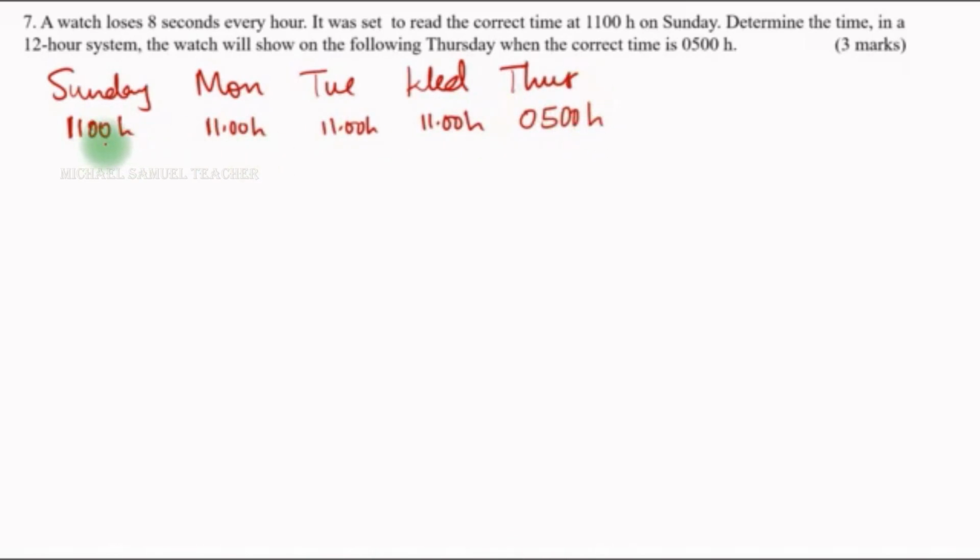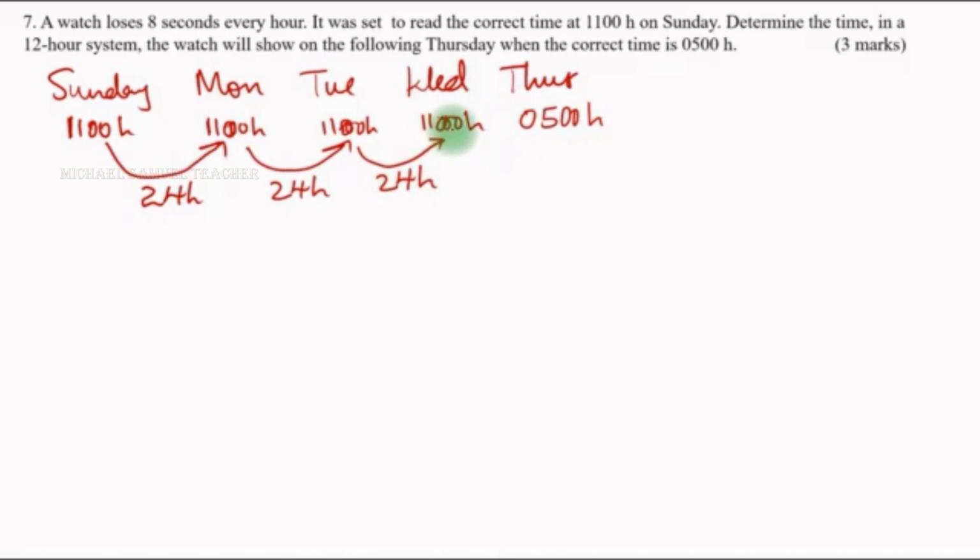So from Sunday to Monday, that's a span of 24 hours. Then from Monday 11:00 hours to Tuesday, a span of 24 hours. Then from Tuesday to Wednesday 11:00 hours, that's a span of 24 hours.